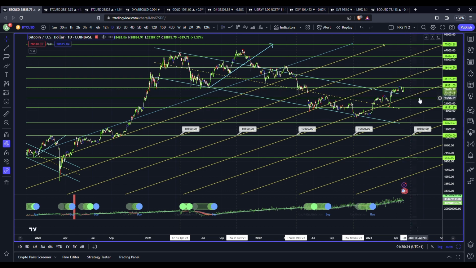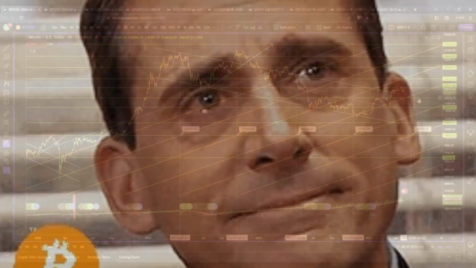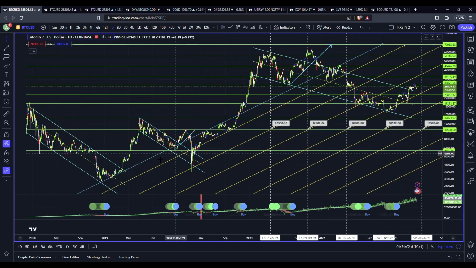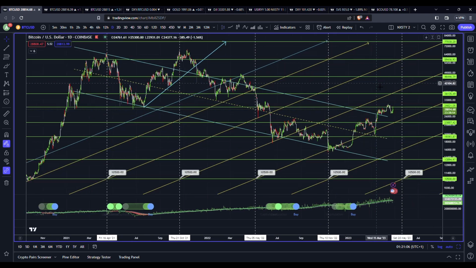If we correct, come inside the channel, it's not going to be a good thing to watch, because I think our 23,800 and 57.42 level is very important, because if we go below this level, we're going to invalidate the fact that we're already out of this channel like we did on the previous occasions.